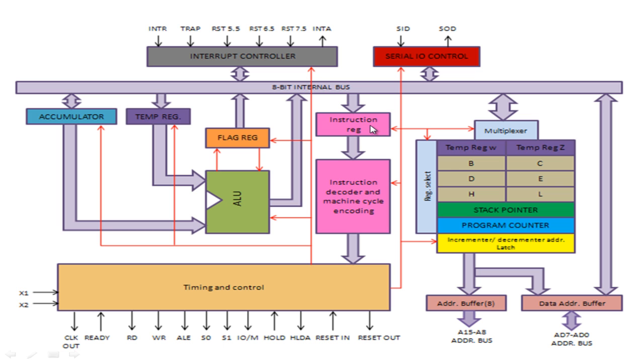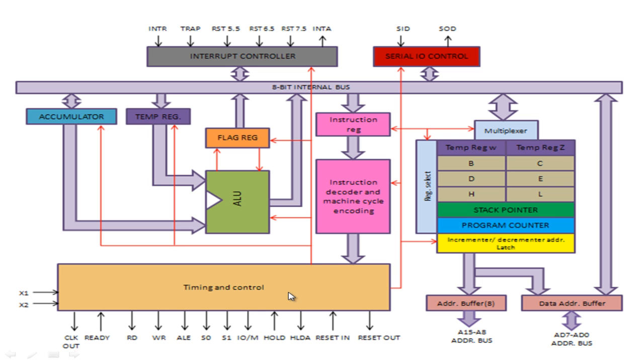It is used to hold the instruction for some time, and then transfer it to the instruction decoder and machine cycle encoding. Then the instruction goes to the timing and control block, which handles the data.